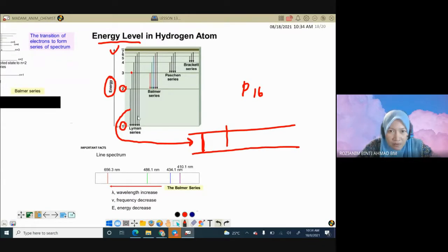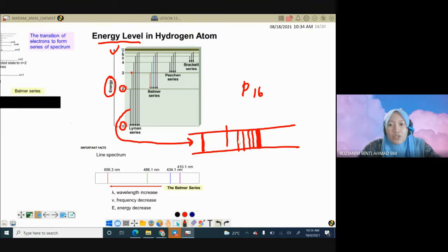Then 4 to 1, another spectrum. 5 to 1, another one. 6 to 1 and so on until it becomes continuous, meaning the lines become very close together. This means the transition from infinity to our final.